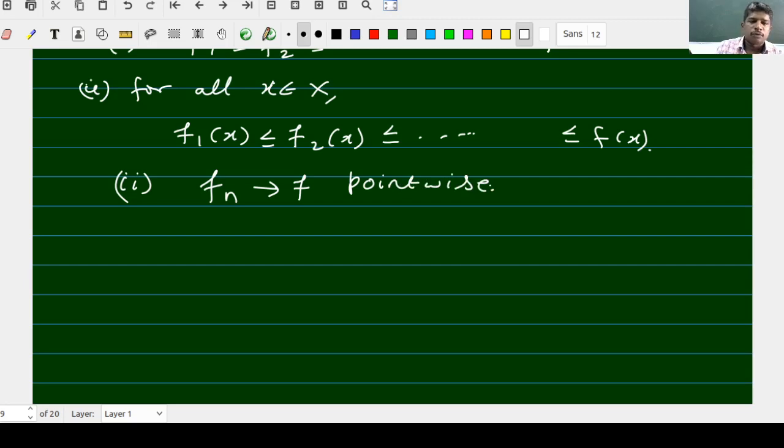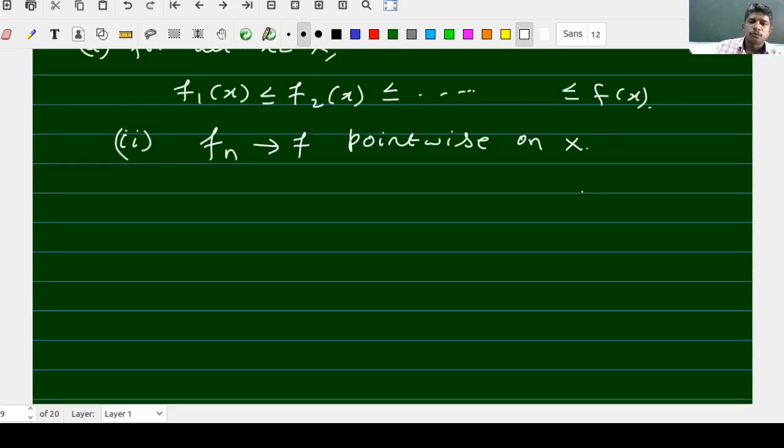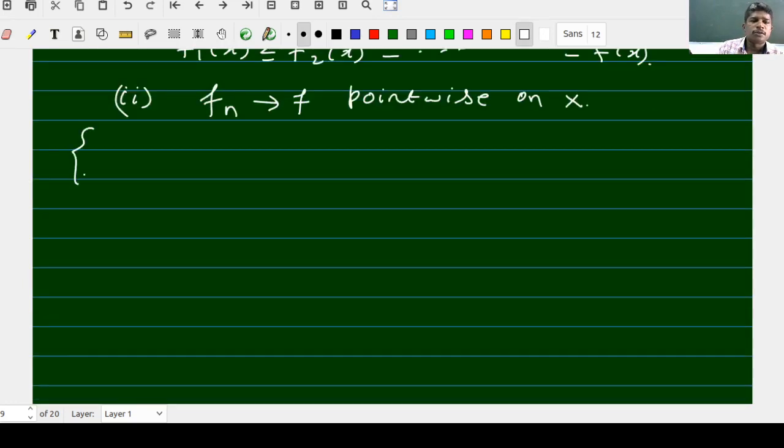Pointwise convergence on X. So that means for each x in capital X, the sequence of numbers Fn of x converges to f of x. This is a pointwise convergence.